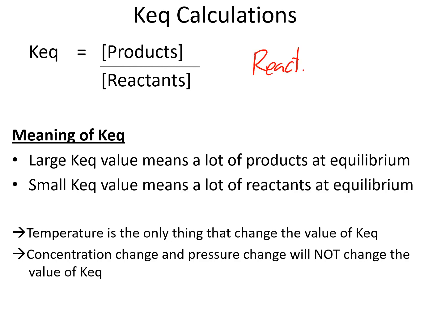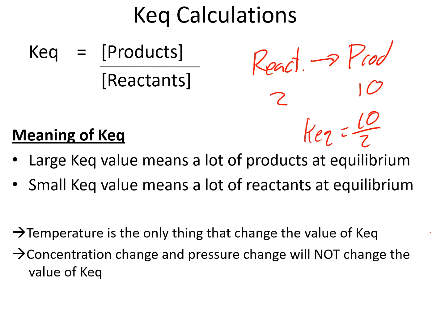Reactants turn into products, so if there are a lot of products, say this is 10 at equilibrium and this is 2 at equilibrium, then our KEQ expression would be KEQ equals 10 over 2, or in other words, KEQ would be 5. That would be considered a large KEQ value.